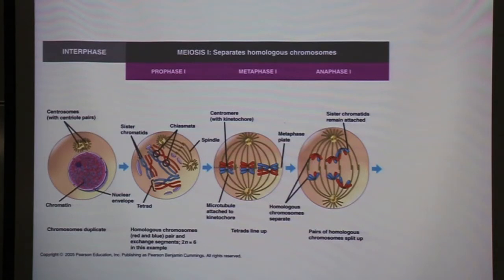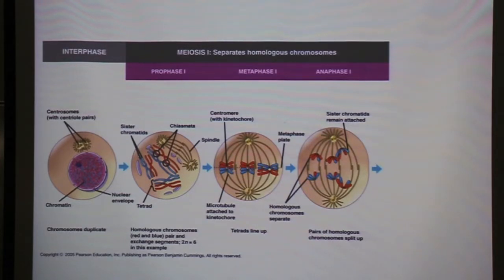So let's talk about meiosis then, and how you make those sex cells, how you make the sperm and the egg. You'll notice similar steps to what we saw in mitosis, but in meiosis we're going to do everything sort of twice, and the first set of things is where all the big differences are. First we'll start with interphase.